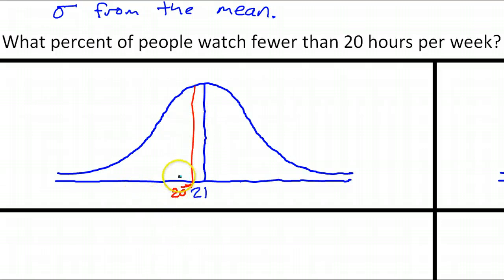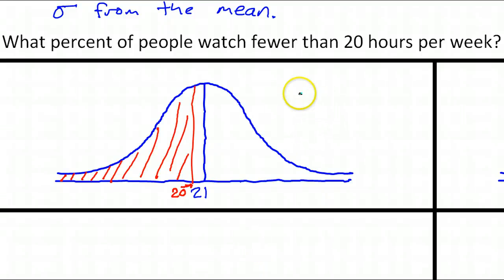And we want fewer than 20, so of course we're going to shade to the left for that reason. Okay, and so this is hours, so let's definitely label that. Okay, and so we're looking for this percent. We don't know what it is.